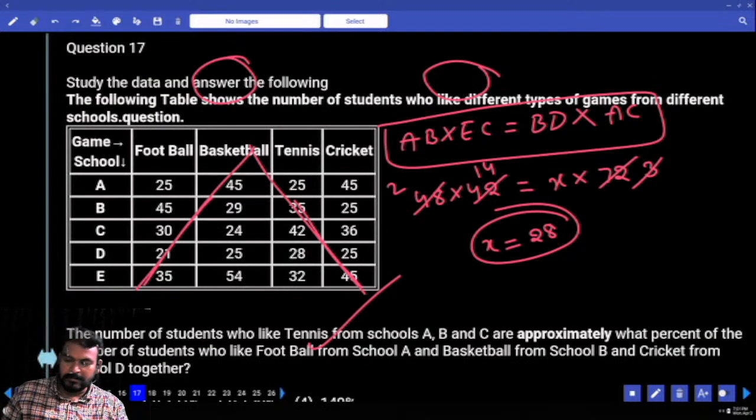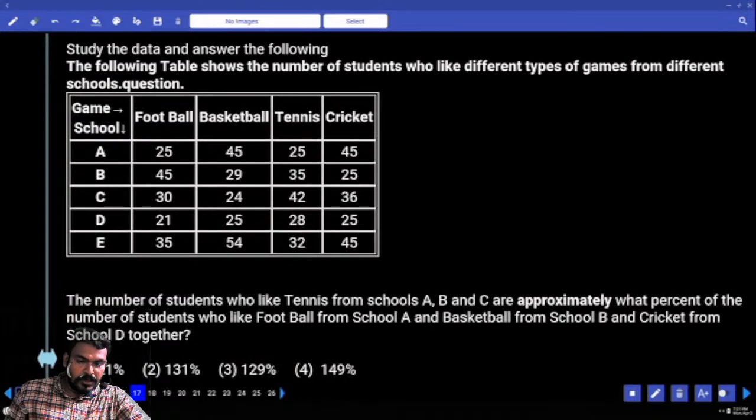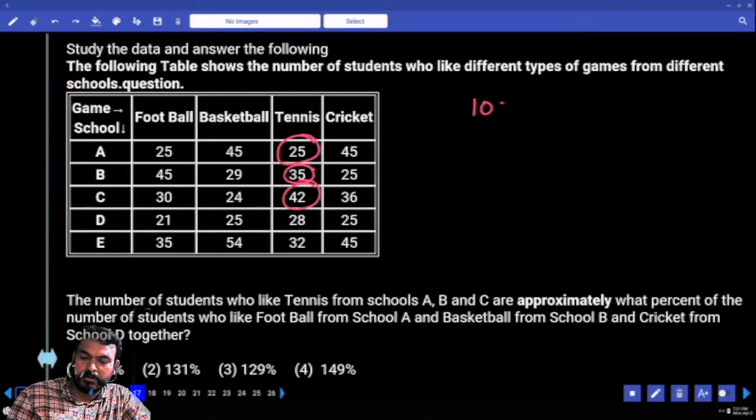Next, question number 17. The number of students who like tennis from schools A, B, C are approximately what percentage of the number of students who like football from school A, basketball from school B and cricket from school D together? Tennis A, B, C. What is the tennis for A, B, C? 25, 35, 42. Total it is 102.